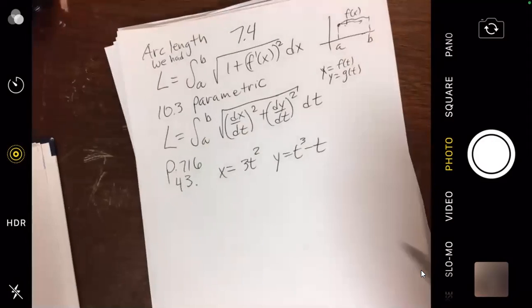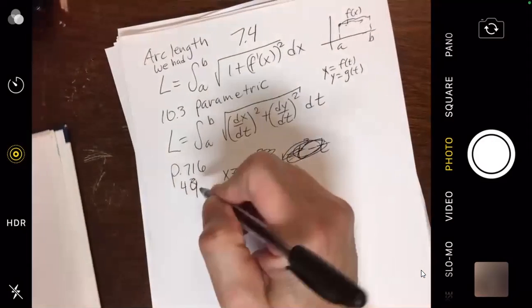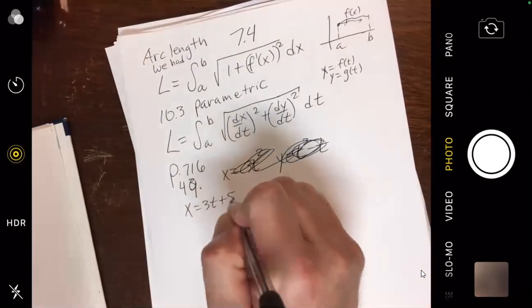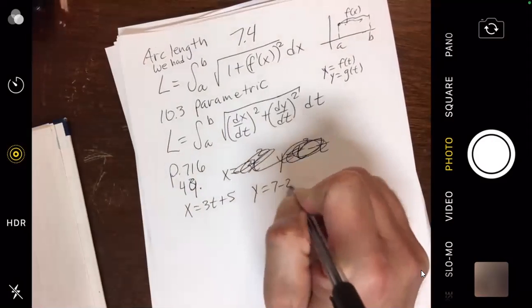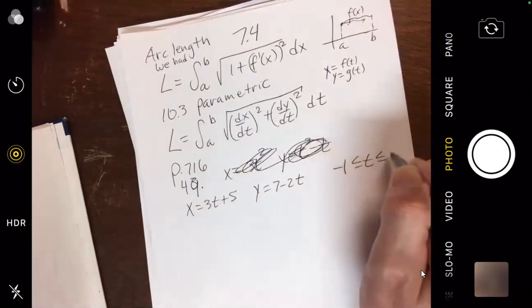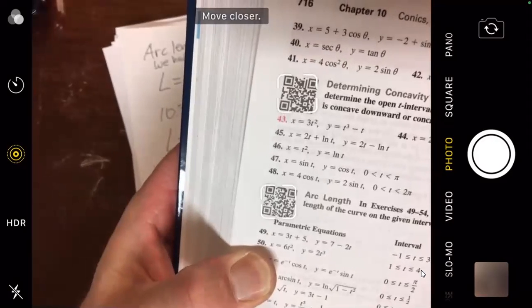My apologies. 49, and that is x equals 3t plus 5, y equals 7 minus 2t, and between negative 1 less than or equal to t less than or equal to 3. This is pretty straightforward if you copy the problem right.